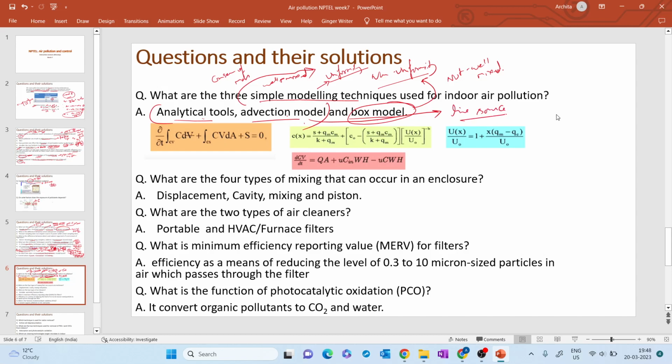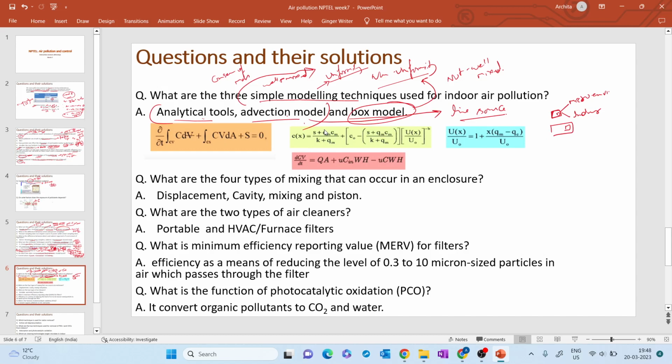So for example, if there is a vehicle, it's a micro environment, right? And inside a vehicle is also considered as indoor. So when you need to understand how the pollution is happening in a vehicle, in a particular closed environment, then you study the advection model.